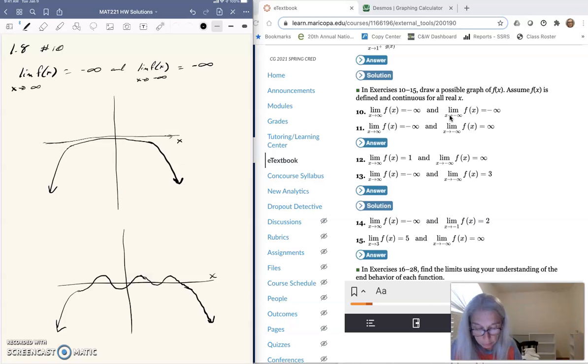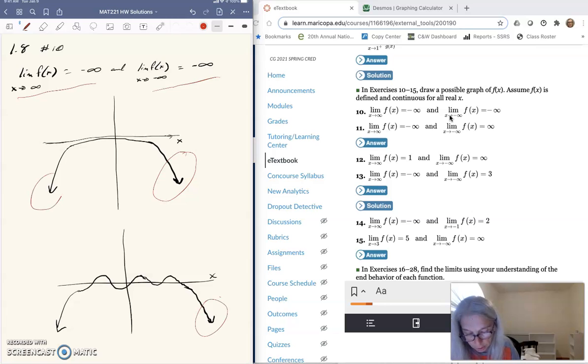Both of these answers would be correct because they both meet the conditions given. For the end behavior, f(x) is approaching negative infinity as x approaches positive infinity and as x approaches negative infinity.